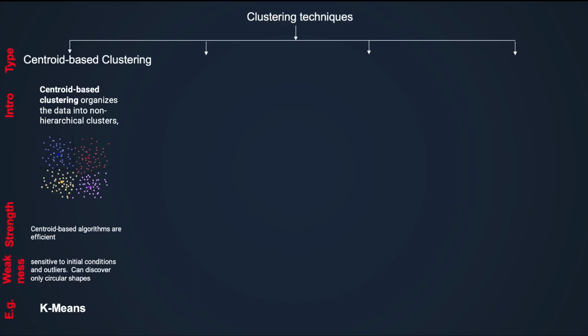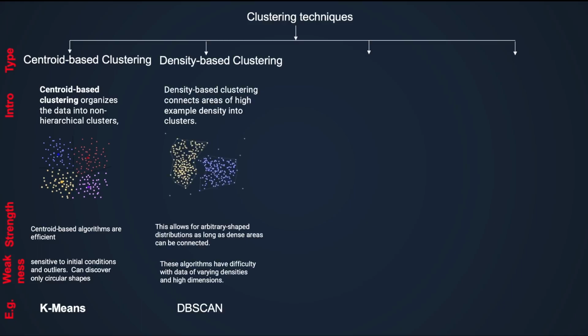A classic example of a centroid based clustering is kMeans, which is very widely used in real world applications.